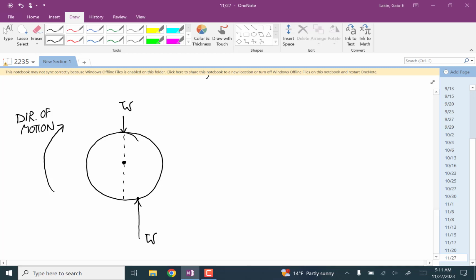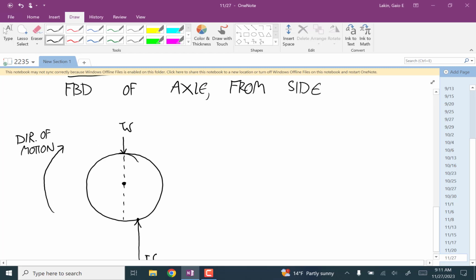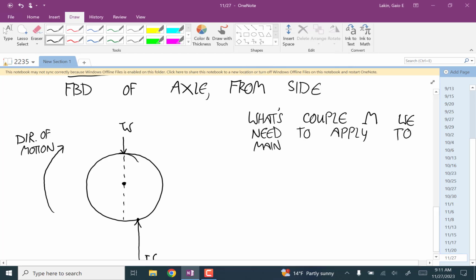And so what we're looking for is, what's the couple M we need to apply to maintain a constant angular velocity? Just a constant rate of rotation.